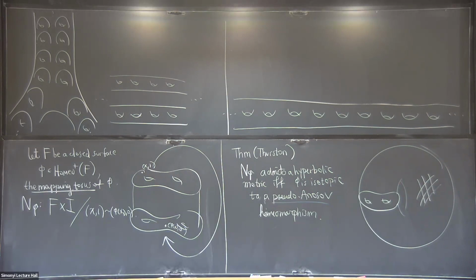Let's recall some facts. The first is that phi admits no periodic curves. By that I mean, up to isotopy, a curve alpha is periodic if phi to the n of alpha is alpha again.